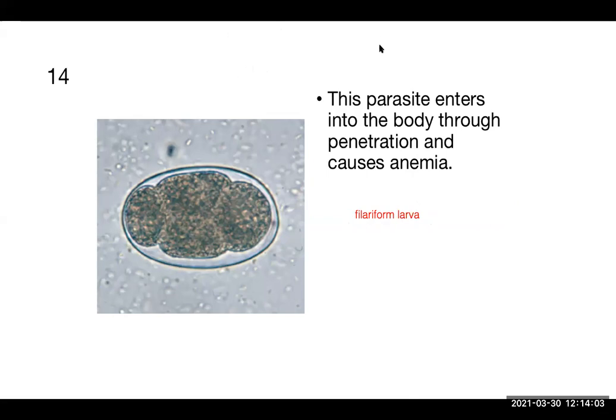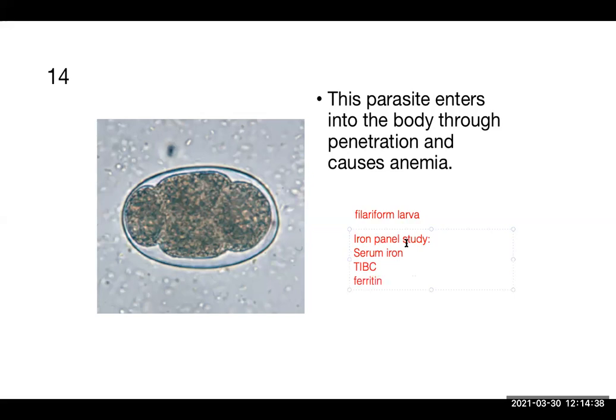What investigation do we do for the confirmation of iron deficiency anemia? Iron panel study. Exactly, iron panel study, and it has certain headings: what is the serum iron level, what is the TIBC, total iron binding capacity, and what is serum ferritin.